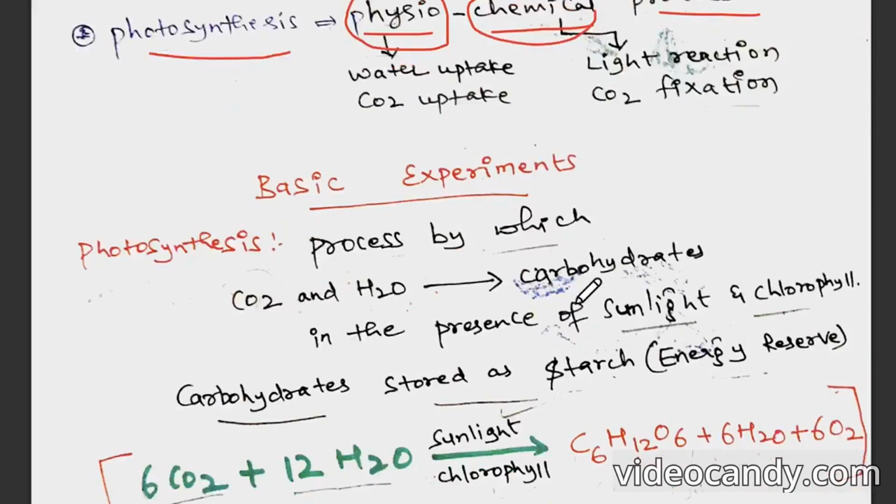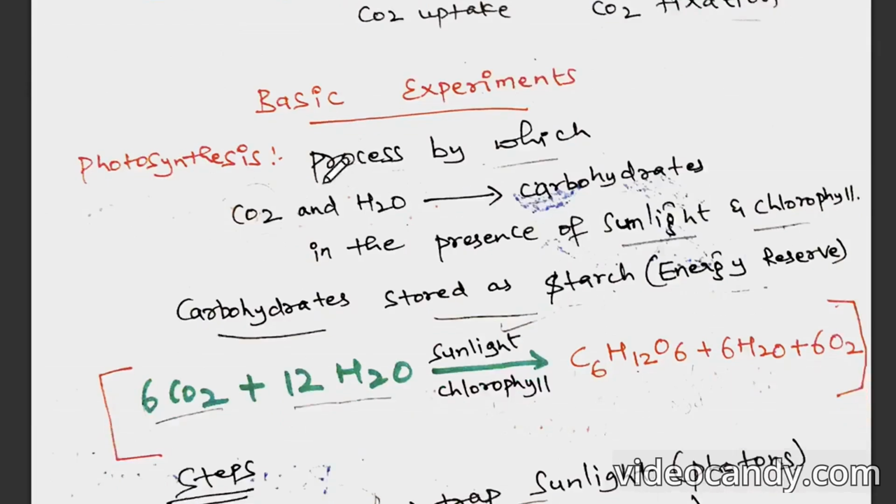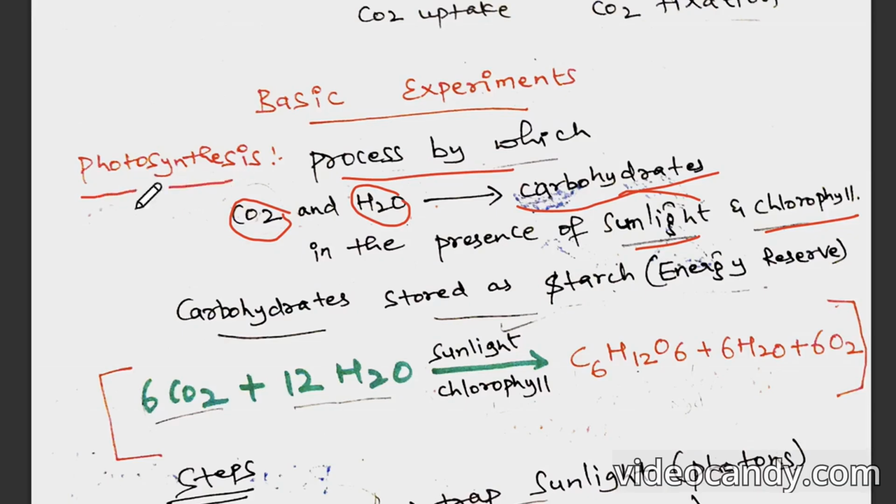So let's understand what photosynthesis really is. By definition, photosynthesis is a process by which CO2, carbon dioxide, and water are converted to carbohydrates in the presence of sunlight and chlorophyll. So it requires sunlight and chlorophyll. That's why it's called photosynthesis.